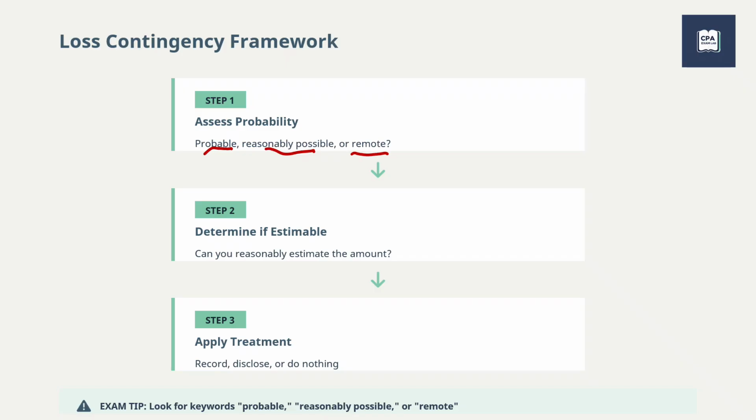And step three, you apply the appropriate treatment based on your answers to number one and number two. Based on these answers, you decide whether you need to record it, disclose it, or do nothing. In the exam, always look for the words probable, reasonably possible, and remote.